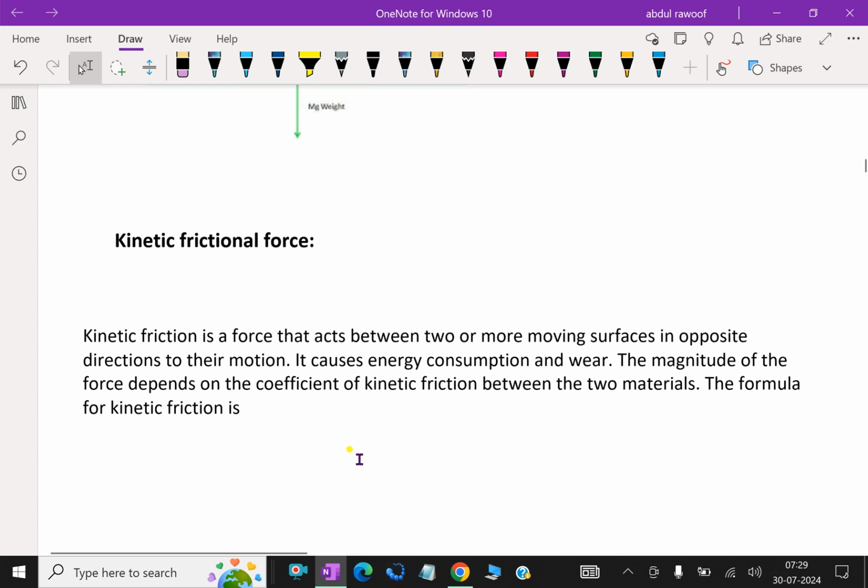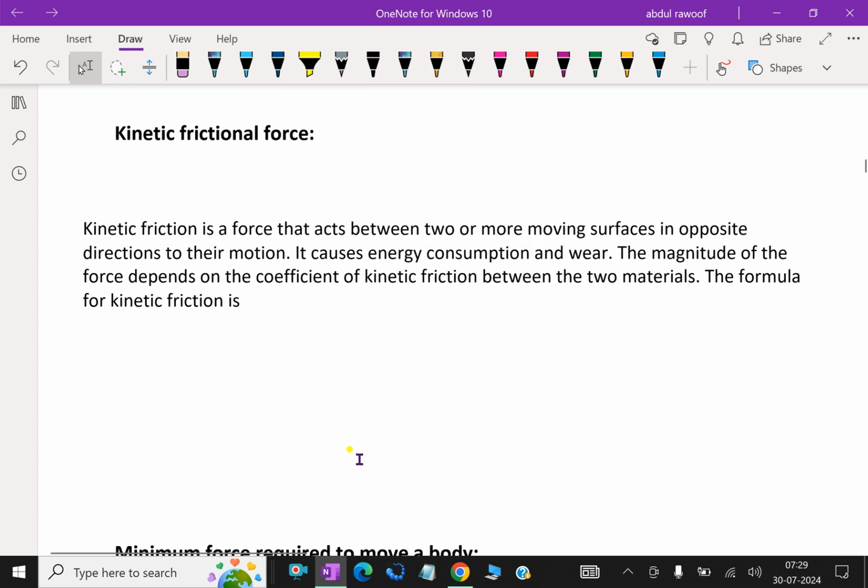Next is the kinetic frictional force. Kinetic friction is a force that acts between two or more moving surfaces in the opposite direction to their motion. It causes energy consumption and wear. The magnitude of the force depends on the coefficient of kinetic friction between the two materials.